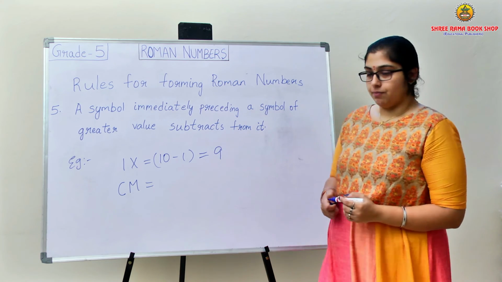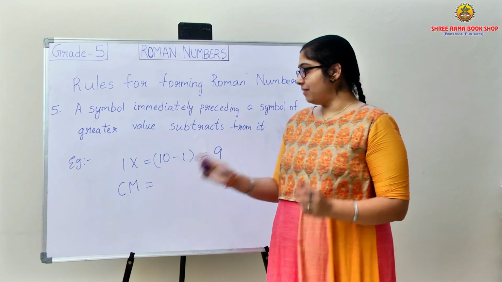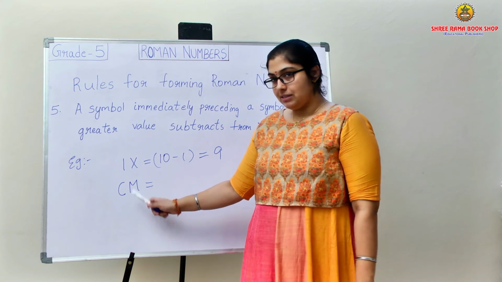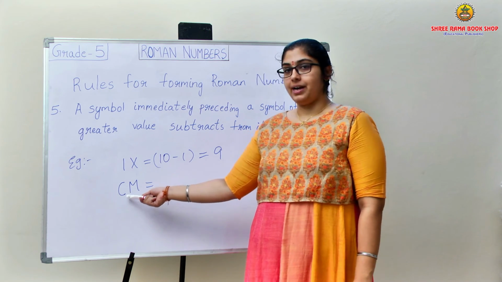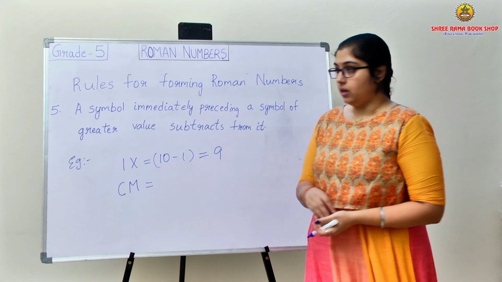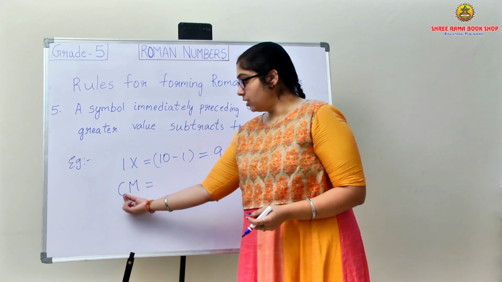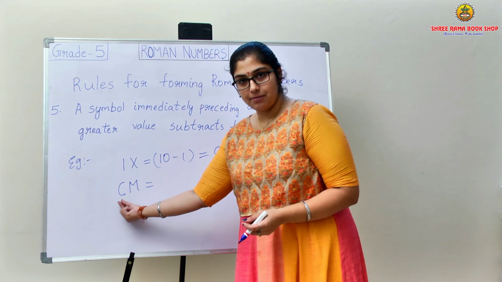And here I have CM. What is CM? CM is Chief Minister, right? No, here CM is nothing but the symbols. C represents 100 and M represents 1000. So what is happening over here? M is preceded by a symbol, and the M value is greater. The preceding symbol is C, which is 100.